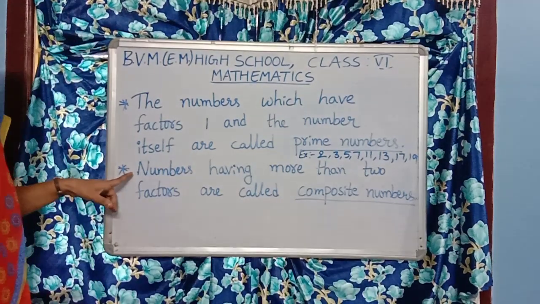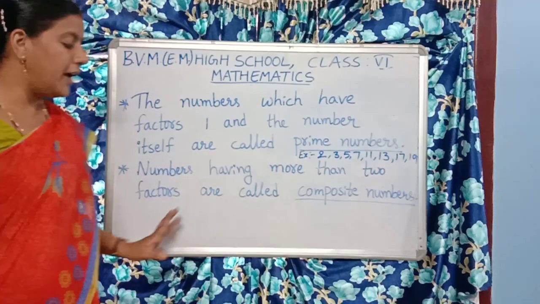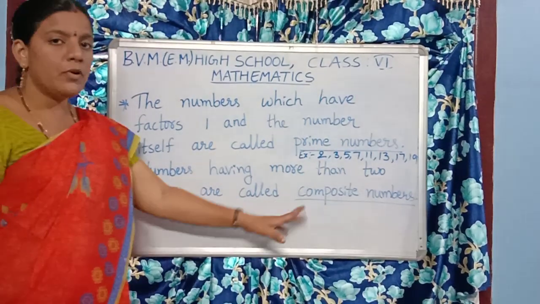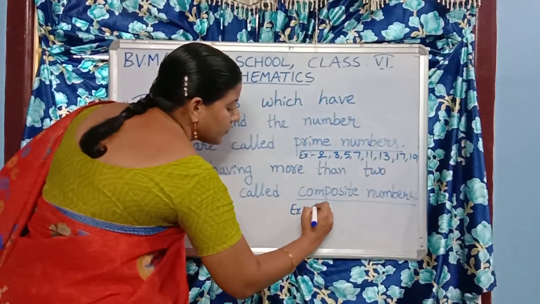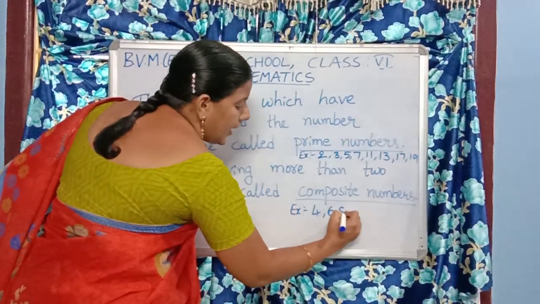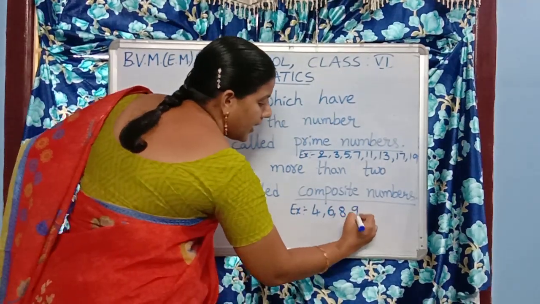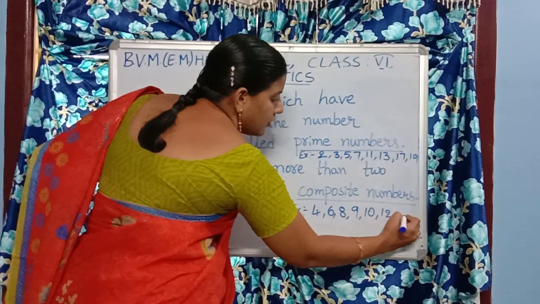Next, the second one, composite numbers. Numbers having more than 2 factors are called composite numbers. What are the examples? 4, 6, 8, 9, 10, 12, and so on.